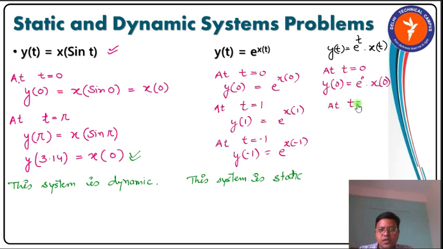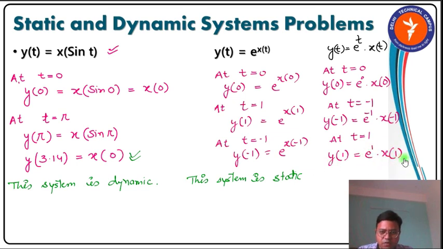Similarly, at t equal to -1, y of -1 will be equal to e raised to power -1 into x of -1. Now e raised to power -1 will be a constant. If it is constant, this means the present output is dependent only on present input. Also at t equal to 1, we have y of 1 equal to e raised to power 1 times x of 1.